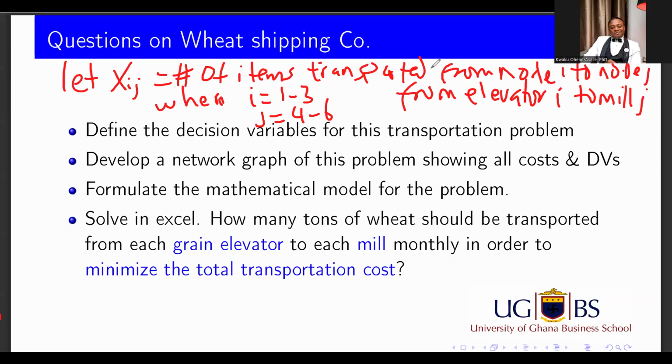Okay. Now we are ready to draw the model before we formulate the model. So how do you do the drawing of this? Well, to do the drawing, you need the information. So let's go back to check the information at hand.